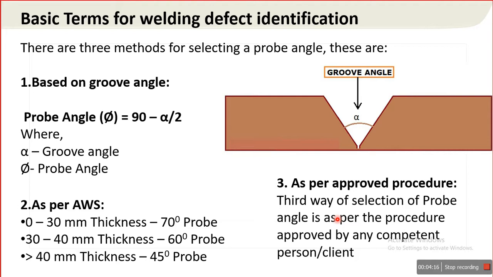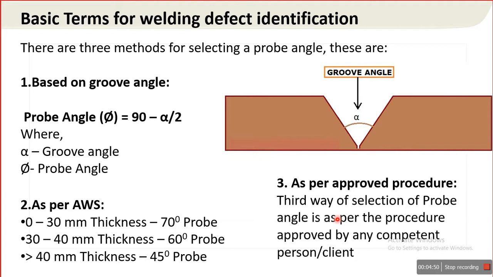In that procedure they recommend execution of two different probes for a single inspection of weld. For a single inspection they recommend either 45 or 60, or 70 or 60. So they have given the instruction for selection of probe angle. So this is the third method.